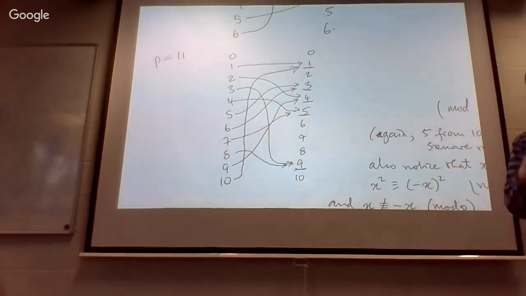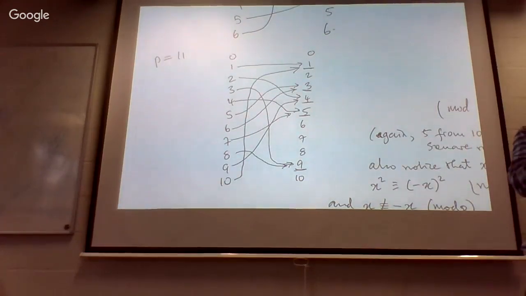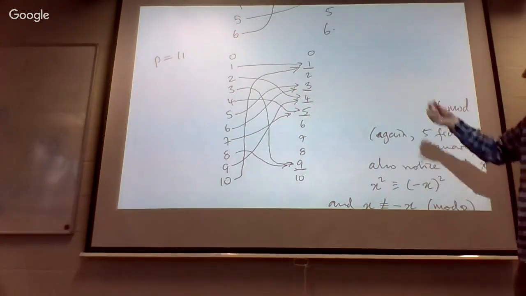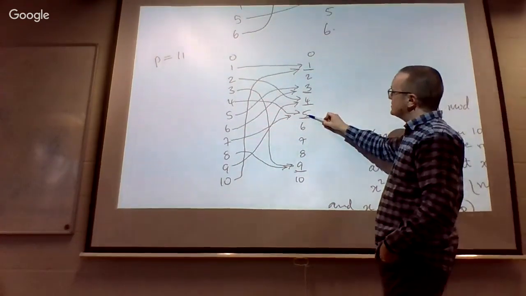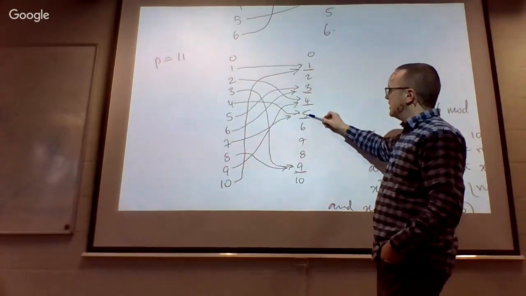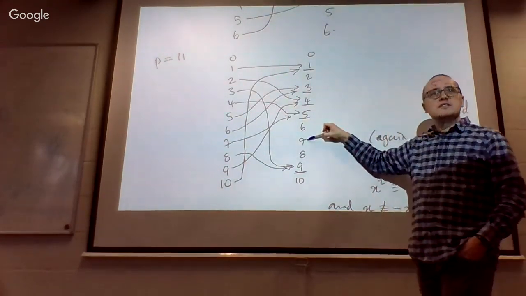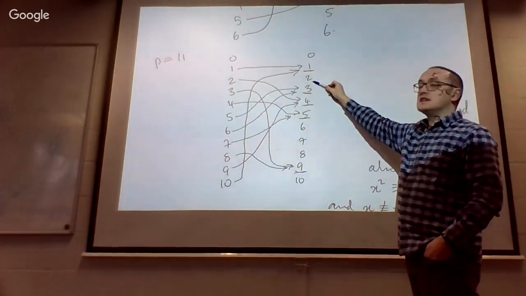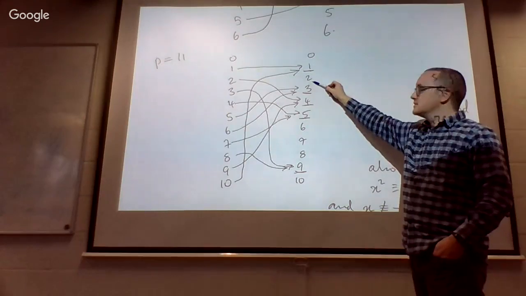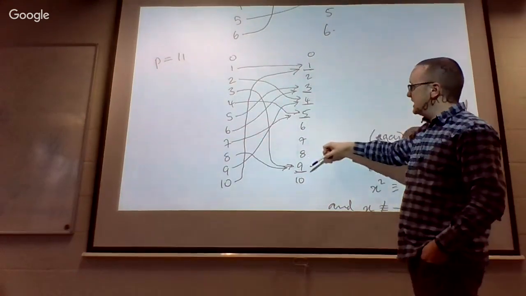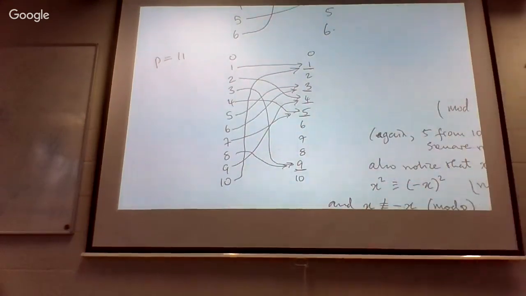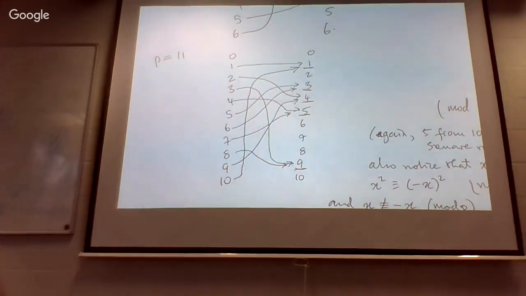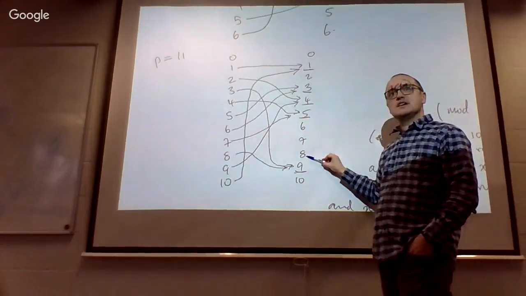What happens when you multiply a negative by a positive in normal arithmetic? You get a negative. You try that here. Say 5 is a positive, times 7. 5 times 7 is 35, which is 2 mod 11. 2 doesn't have a square root. 3 by 10 is 30. 30 is congruent to 8 mod 11. 8 doesn't have a square root.